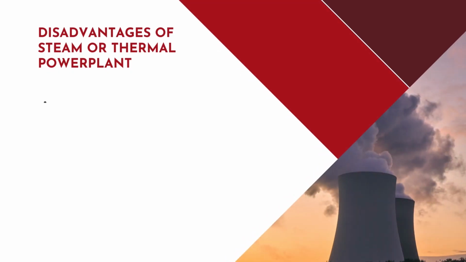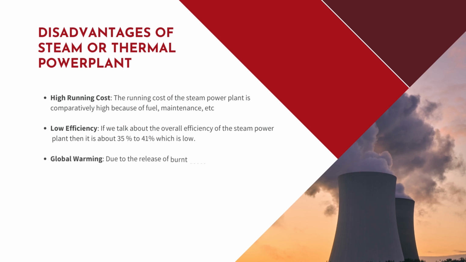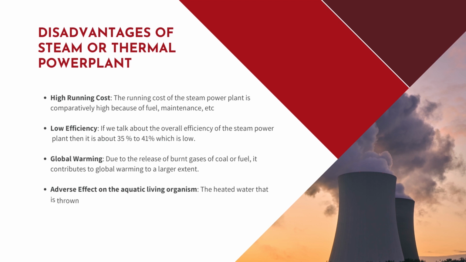Some disadvantages of the power plant are also considered, like high running cost. The running cost of a steam power plant is comparatively high because of fuel and maintenance of the power plant. Low efficiency: the overall efficiency of the steam power plant is about 35 to 41%, which is very low.